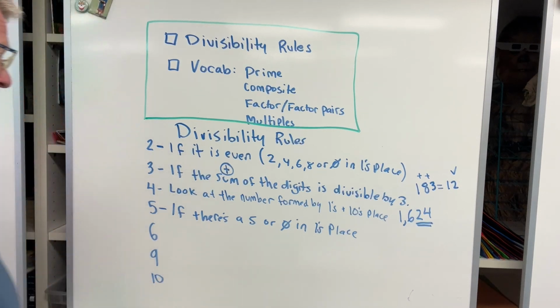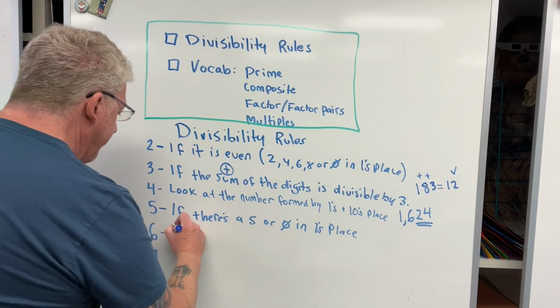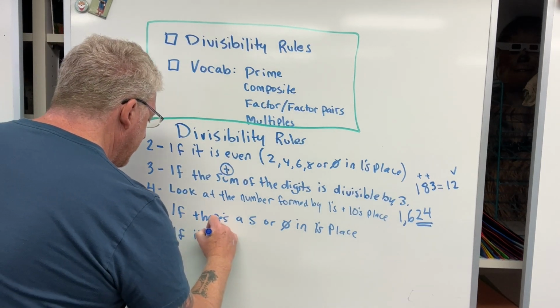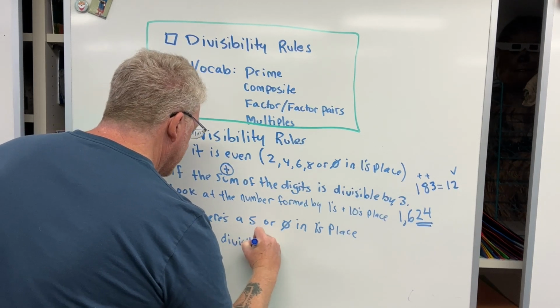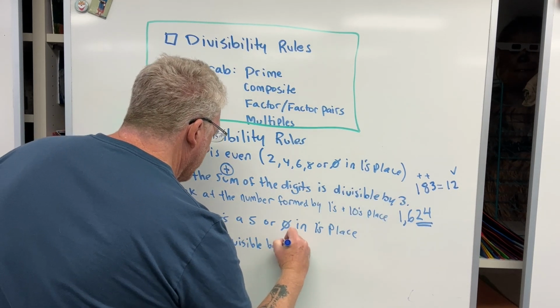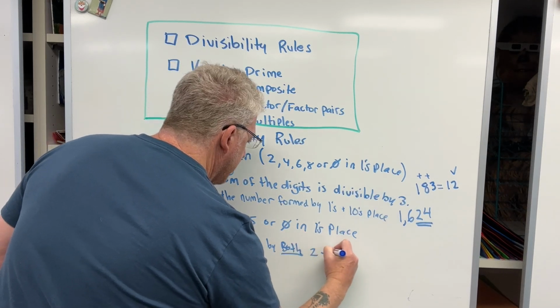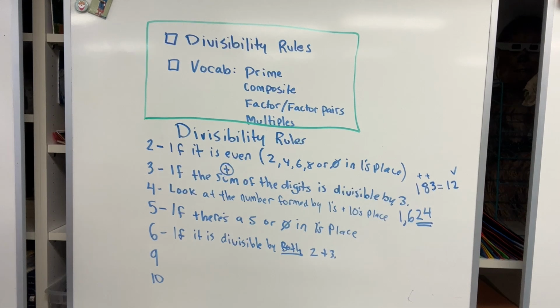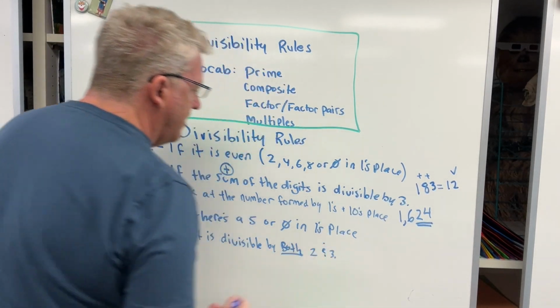All right. The divisibility rule for 6. If it is divisible by both 2 and 3.